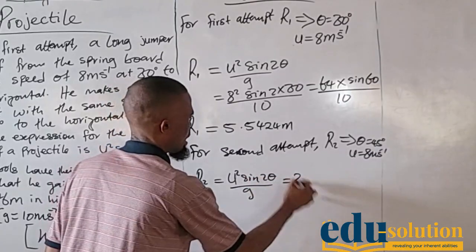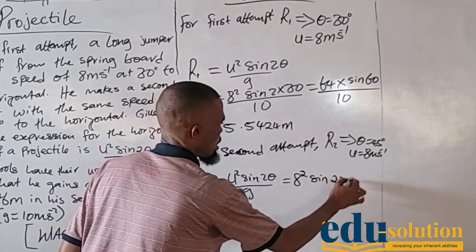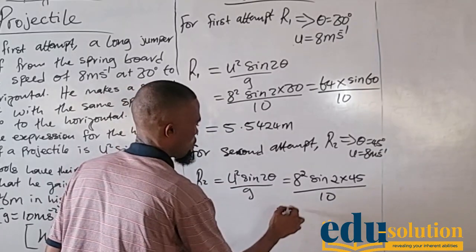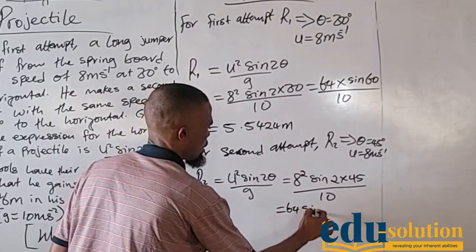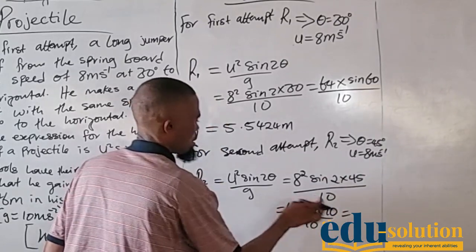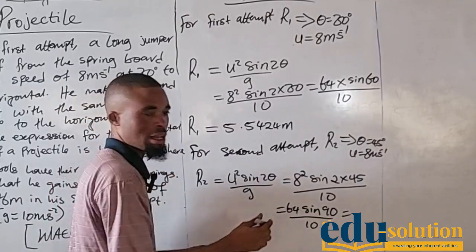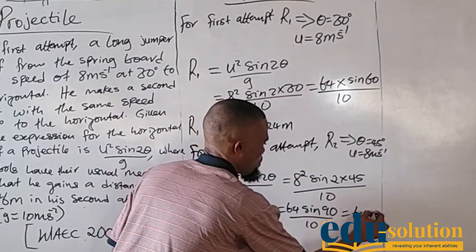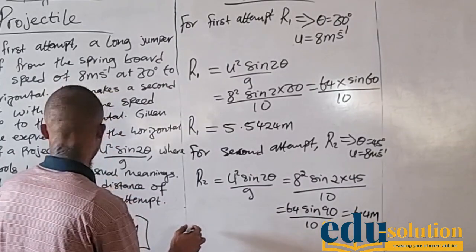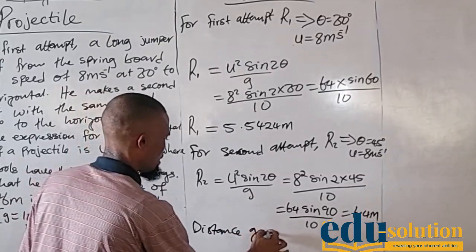Our u is still 8, which is not changing, and then sine 2 times 45 over 10. So at the end, we have 64 sine 90, which is 1. So we have 64 times 1, which is 64 over 10. And 64 divided by 10 is what? 6.4 meters.